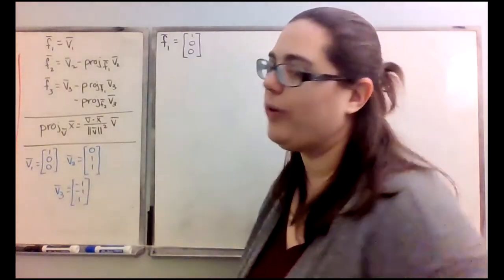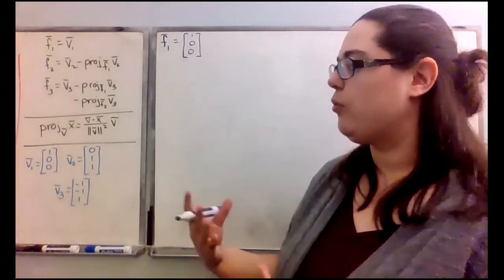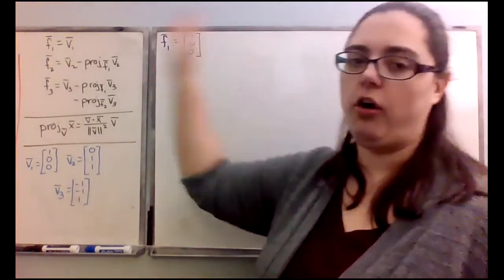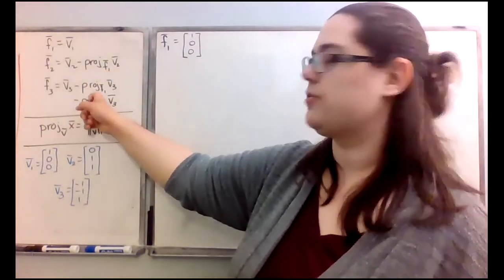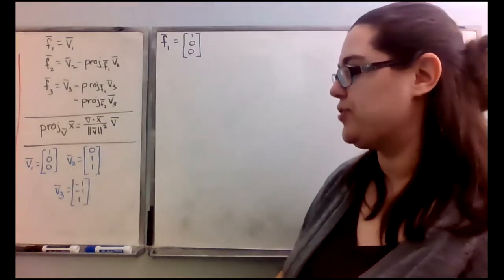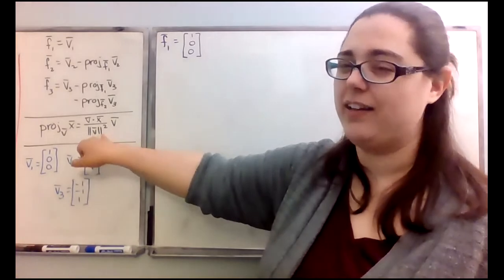Well, now what I'm going to have a tendency to do just for myself as I work through, because I'm going to be referencing this in all the future pieces, right? So F1 gets referenced here, and it also gets referenced here. There are some pieces of it that I'm going to want to have available to me. In particular, I'm going to want the norm of F1 squared handy.